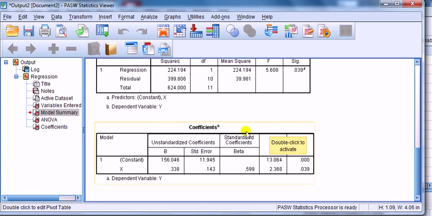Next, we come on to the coefficients box, probably the most interesting of the boxes. We're going to look at the t in a moment, but first let's look at the actual model here. Unstandardized coefficients, that's the betas down here. Constant is the intercept, x is my IV, and these are the coefficients.